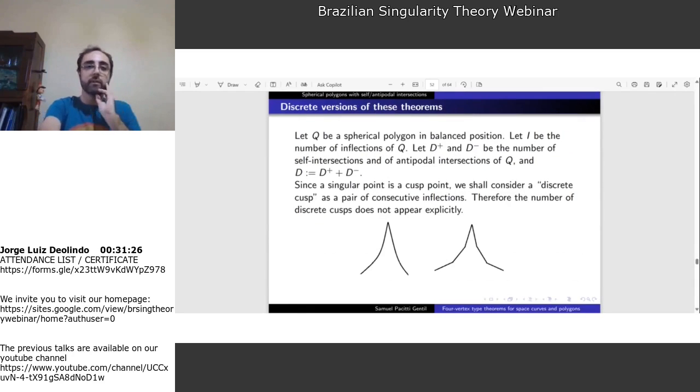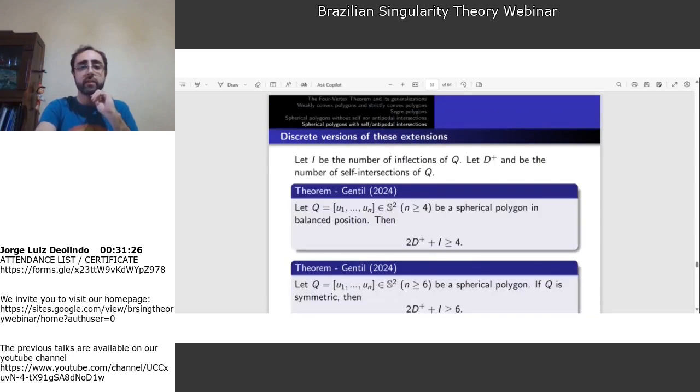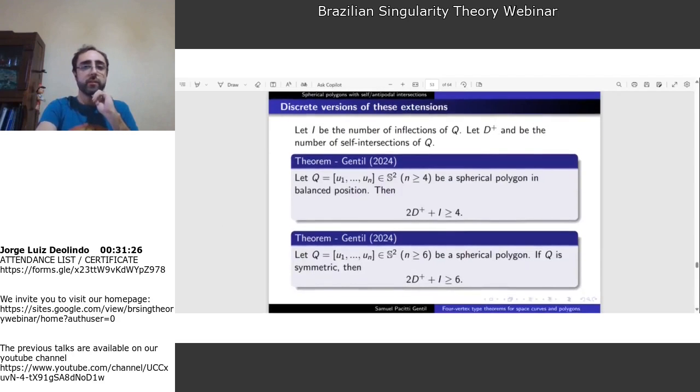The summary of what we can do here, we can also discretize these results. To simplify our approach, we can assume that a cusp is simply 2 consecutive inflections. And also, we can state discrete versions of this theorem. These theorems are the following.